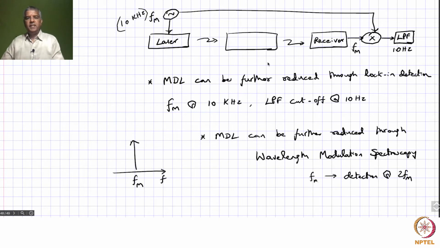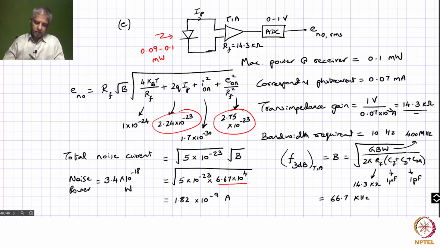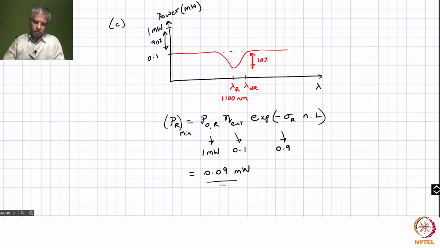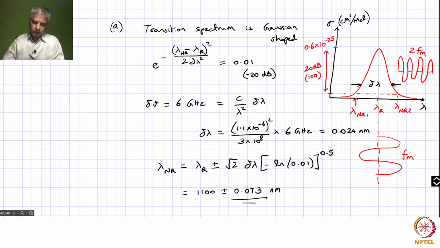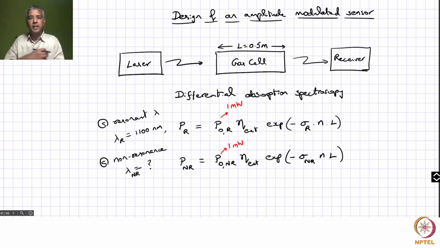Hello everyone. In our last lecture, we looked at an example of performing gas spectroscopy on an extracted sample, right? So, we were considering the case of doing spectroscopy on a gas cell which consists of nitric oxide, and we were trying to pick up the minimum detectable limit as far as nitric oxide is concerned.